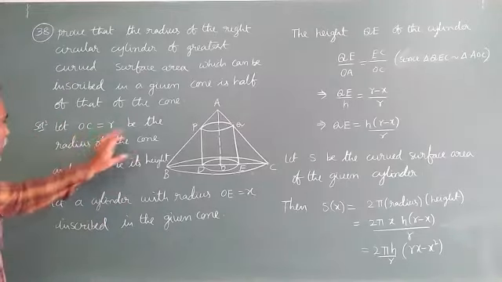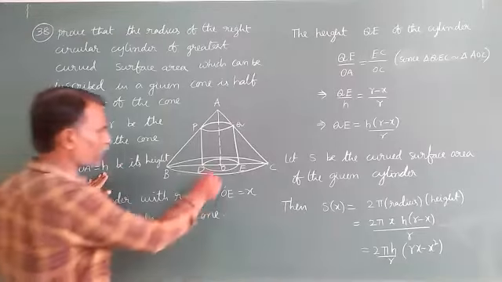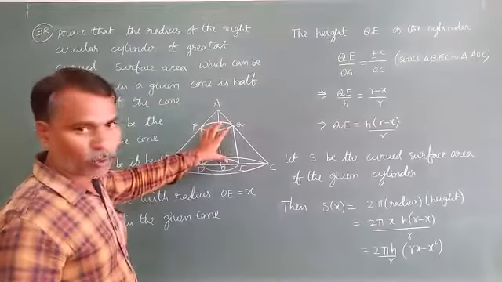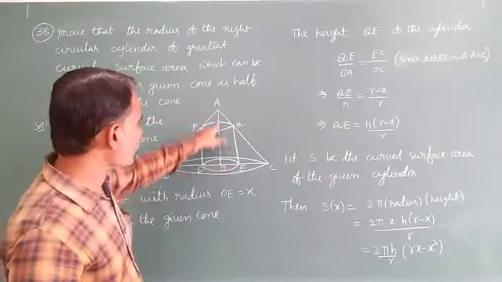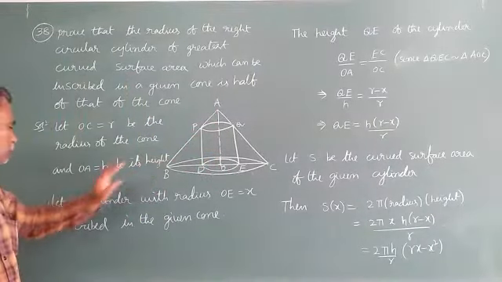OC is the radius of the cone and OA means from here to here. Just forget the cone and forget the cylinder. This is the base radius, and this is the height of the cone. H is the height of the cone.